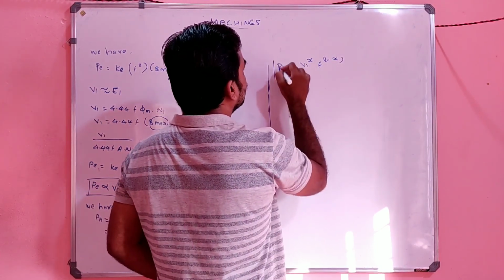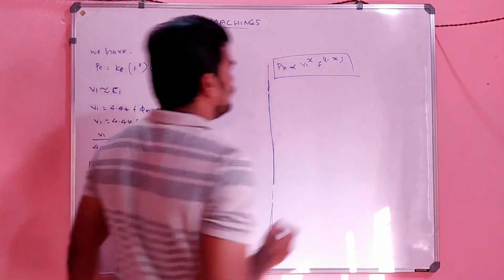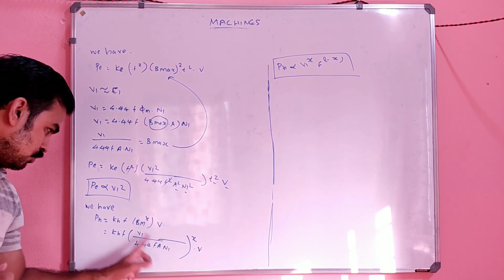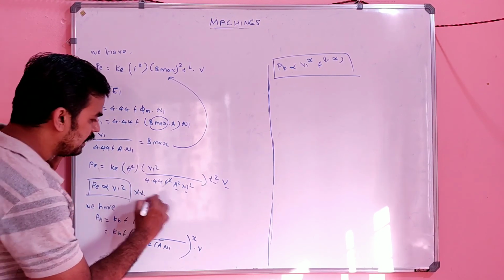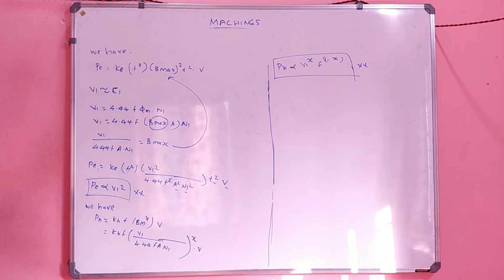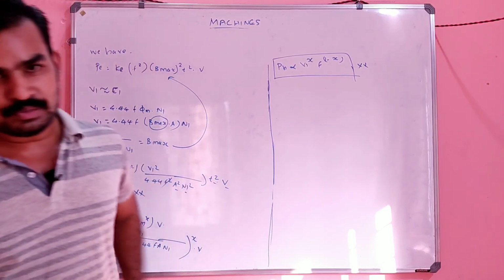So Ph is proportional to V1 raised to x into f raised to 1 minus x. These two relations are very useful for solving problems. Is it clear to you?